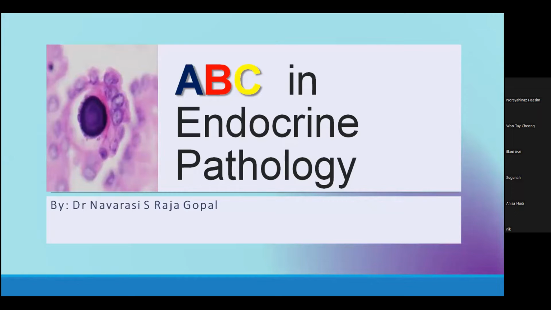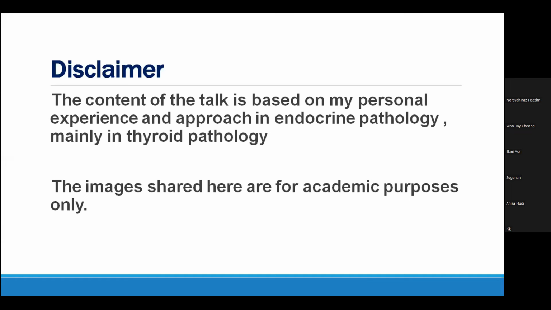So this is basically a very basic presentation. I would say it is a good revision for everyone. Just a short disclaimer: the content is based on my personal experience and my personal approach in endocrine pathology. Mainly today we will be covering thyroid pathology. The images here are from real patients and for academic purposes only.